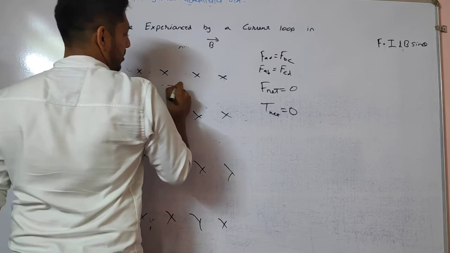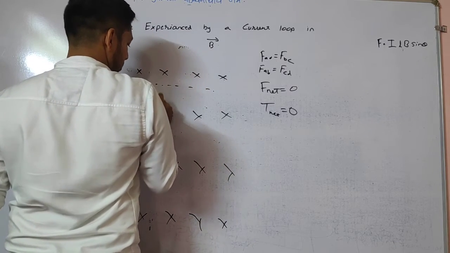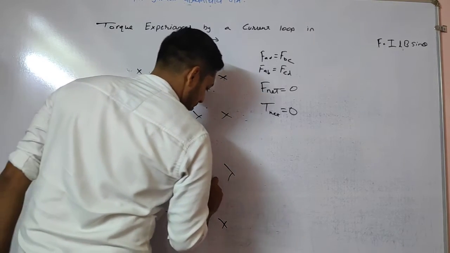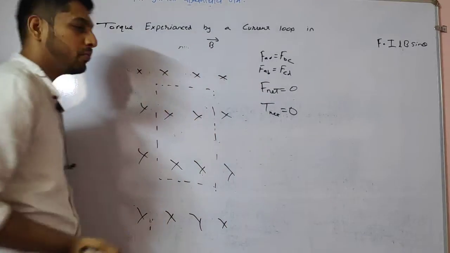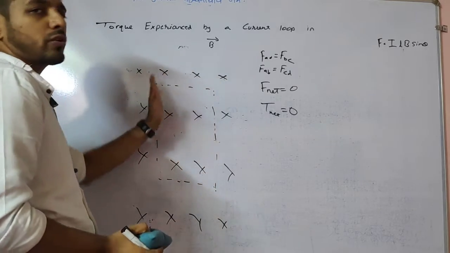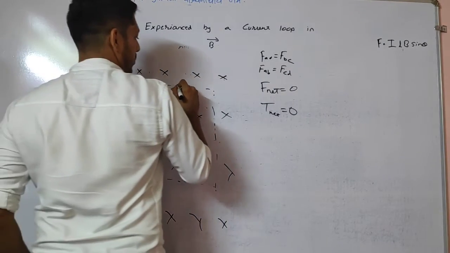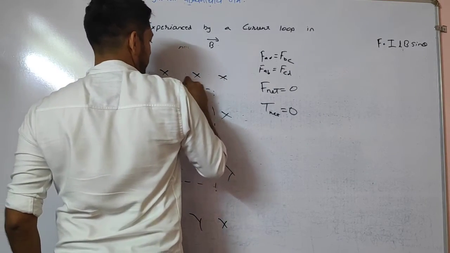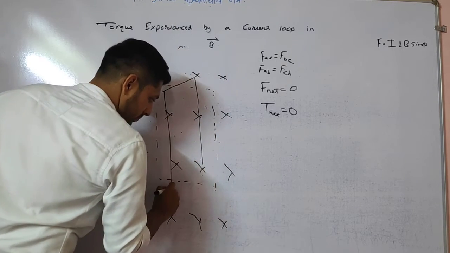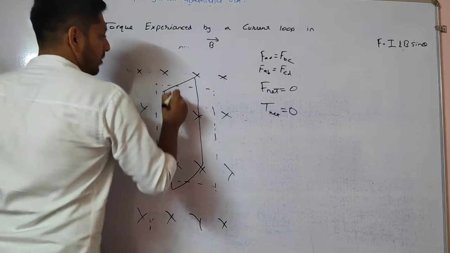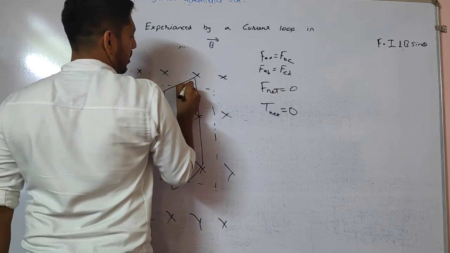I'm simply drawing the original condition, the original loop. Now we'll rotate it by some angle theta. We have rotated it by a small angle theta.